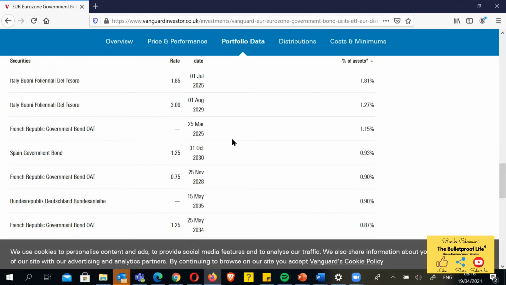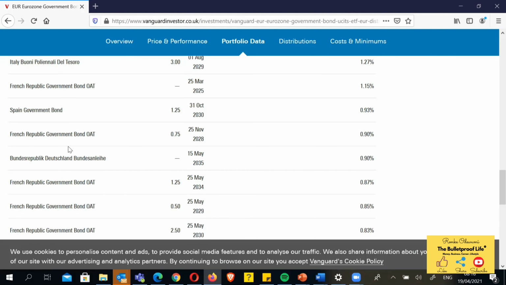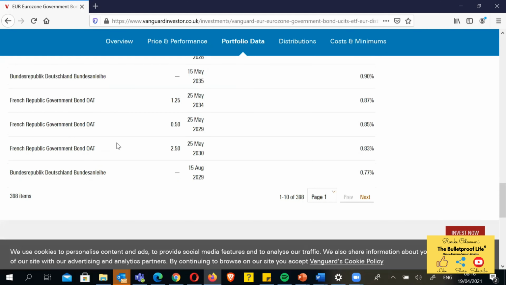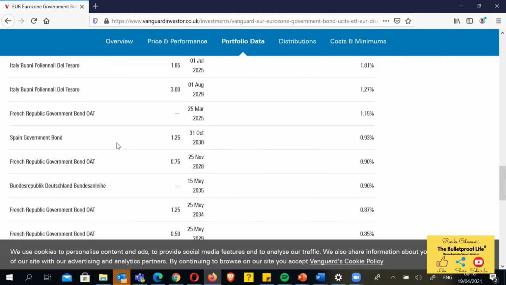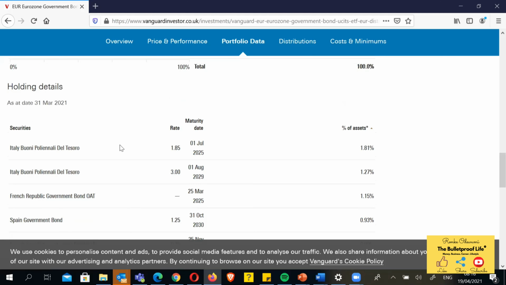Yes, so when you buy this particular Eurozone bond, you're lending out money to the Italian government. So you've got Italy here, you've got French Republic government bond, you've got Spain, Dutch, yes. So these are the key countries you're basically loaning your money to. That's where your money is going.